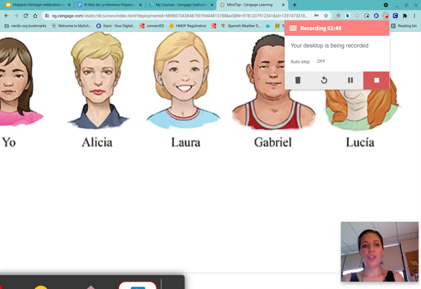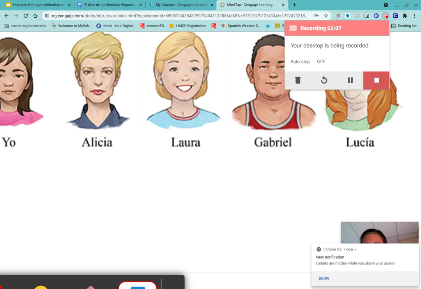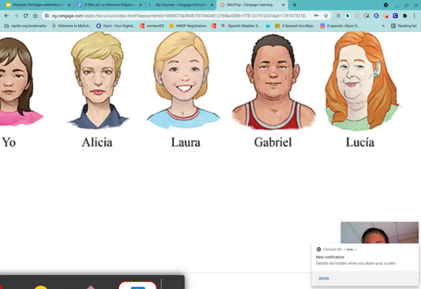For this next section, you're going to have names of people like yo and Alicia and Laura and Gabriel and Lucia. You're going to be describing them. So for example, if it were yo, you could say like yo soy morena, yo soy inteligente, whatever you want to say. And then same thing for Alicia. You want to look at her.